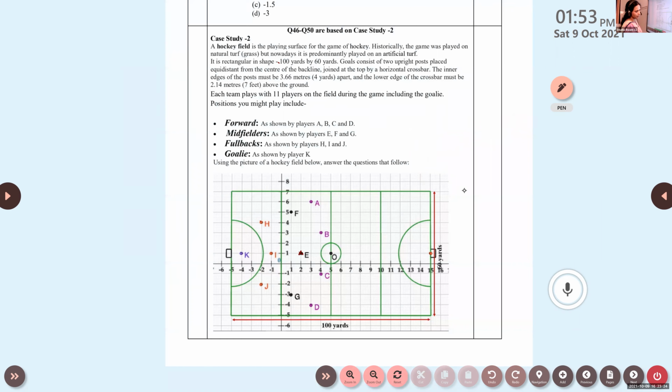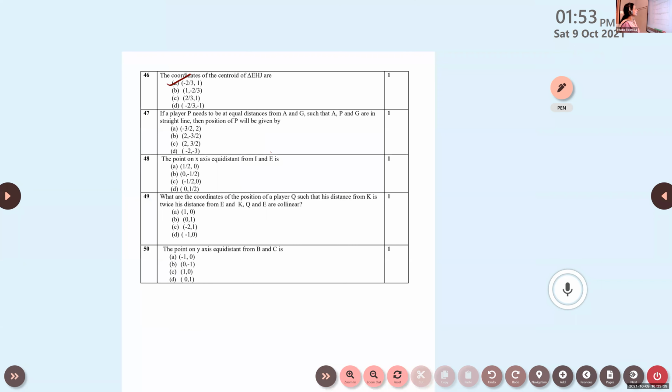What about the second part? Second question. The player P needs to be at equal distances from A and G such that A, P and G are in a straight line.